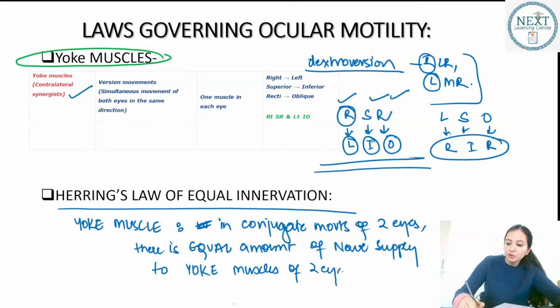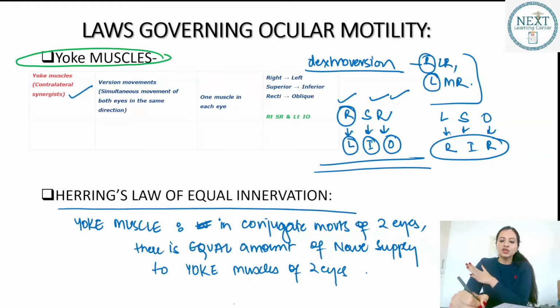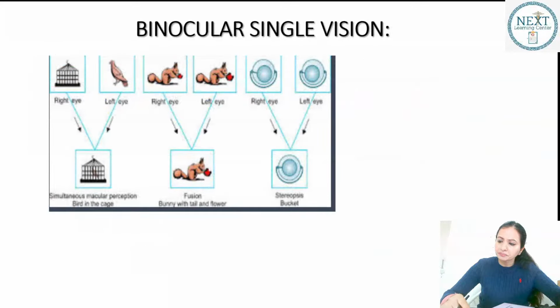So suppose I am looking towards my right. In my right eye movement of my dextroversion, my right lateral rectus and my left medial rectus will get equal supply. That is your Hering's law.